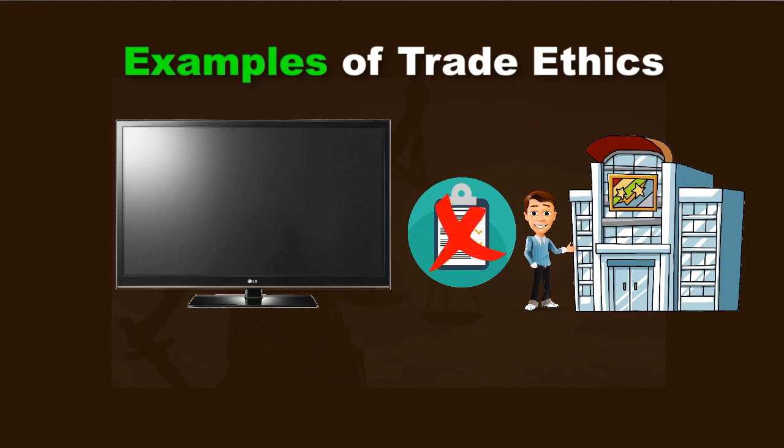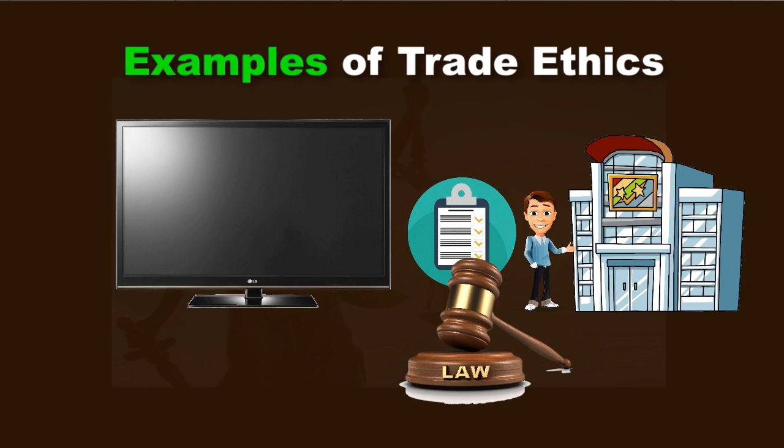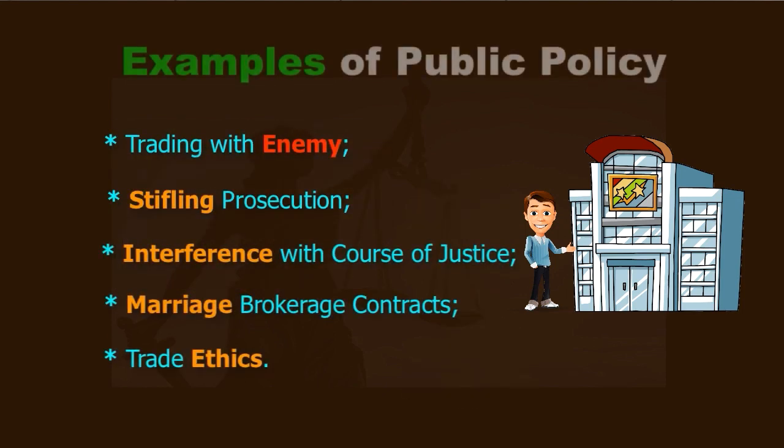The shopkeeper cannot do like this, and once you file a suit against that shopkeeper, he needs to pay the full money, not the half. Those types of terms and conditions which are against ethics are not permitted by the law. So that is trade ethics, that is against public policy.